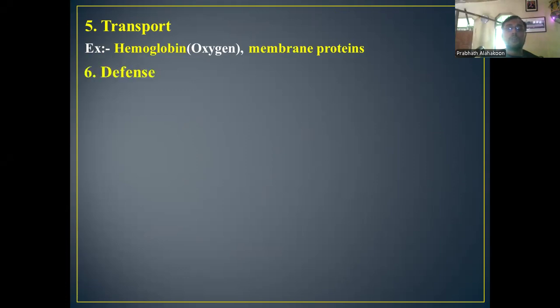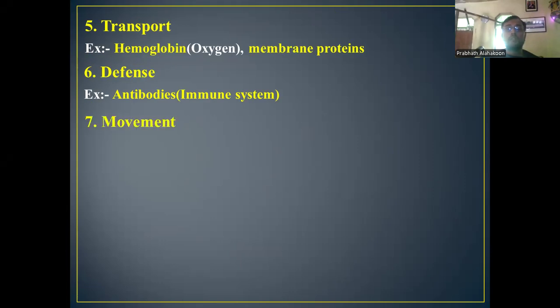Next function is transport. Example: hemoglobin. Hemoglobin is used to transport oxygen through the body. Another example is membrane proteins. Next function is defense. Examples: antibodies of the immune system.